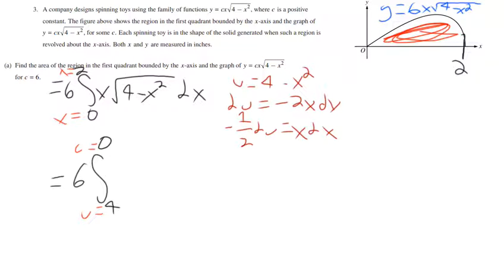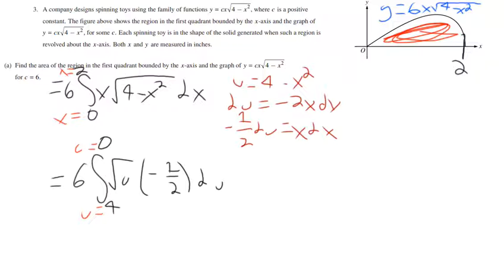And then we have the square root. The 4 minus x squared right here is the u. And then the x dx is this right here, -1/2 du. So we'll say -1/2 du right here. You'll notice one thing here: these limits are out of order.